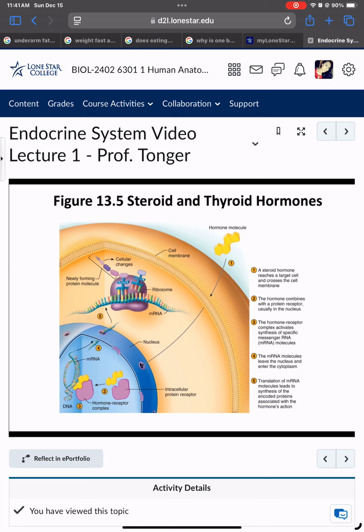And once that gets activated, the mRNA will form. The newly formed mRNA will go out of the nucleus into the cytoplasm, and over here via translation, a new protein will form. Once you have this newly formed protein, it will either alter the metabolism inside the cell, depending upon whatever this hormone is bringing the signal for, or it might go out and get transported out. And that's how steroid or thyroid hormones basically work at the cellular level.